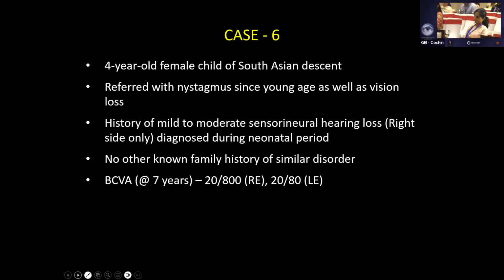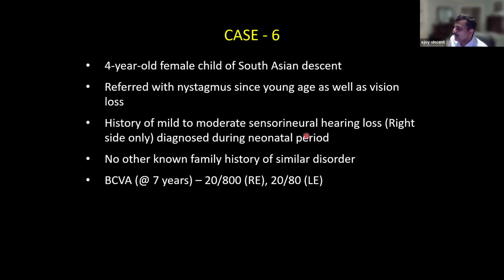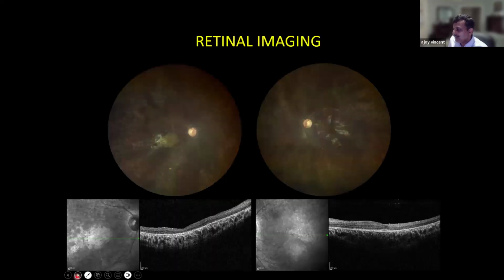Yes. Okay, so a 4-year-old female, nystagmus and poor vision since young age, mild to moderate sensorineural hearing loss only on one side, 20/800 in one eye, 20/80 in the other eye. And these are the fundus images. I can challenge that most of us will think that this is not a retinal dystrophy for many reasons, including asymmetry.